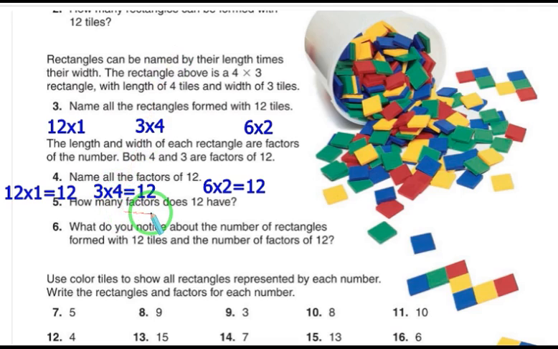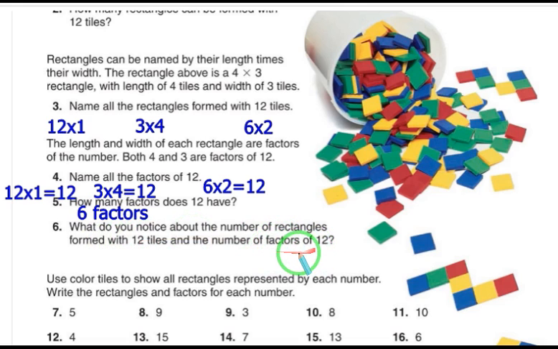Okay. Now, what do you notice about the number of rectangles formed with 12 tiles and the number of the factors of 12? So the number of the rectangles formed, we have 3 rectangles, okay? And the number of the factors, we have 6 factors.